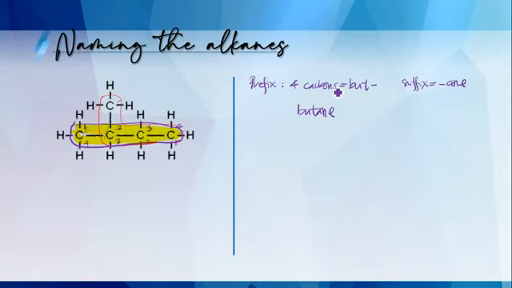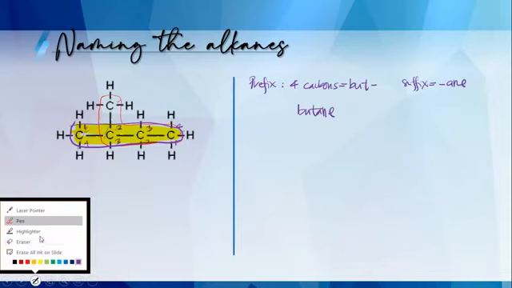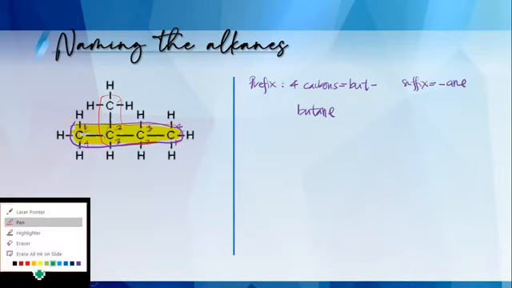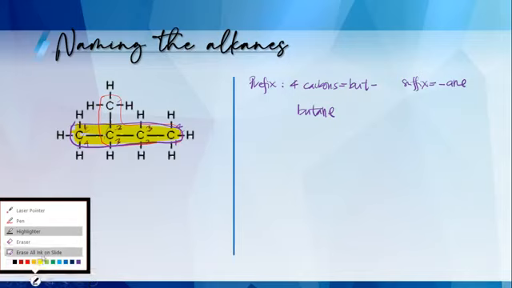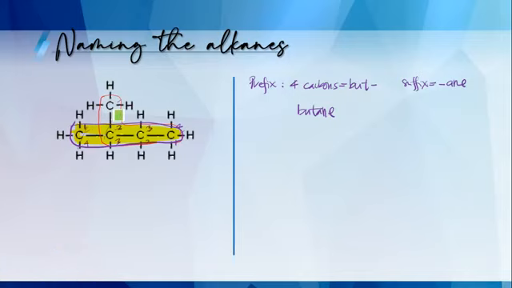Now let's move to step number 4, which is to identify the substituent group. In this case, do we have a substituent group? Can you identify it? I believe now you see the substituent group over here.